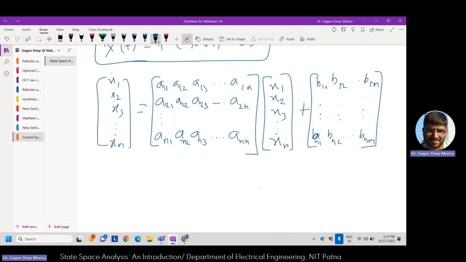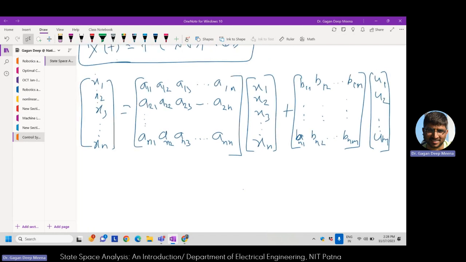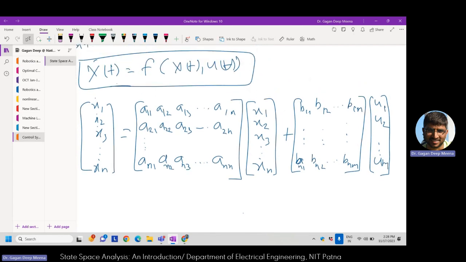That's the basic representation for the input matrix B. Then you have u1, u2, going till um, as it is an m vector. So this is the general matrix form representation of the above equation. Similarly, you can represent y equals cx plus du also, and there we will have the whole representation.